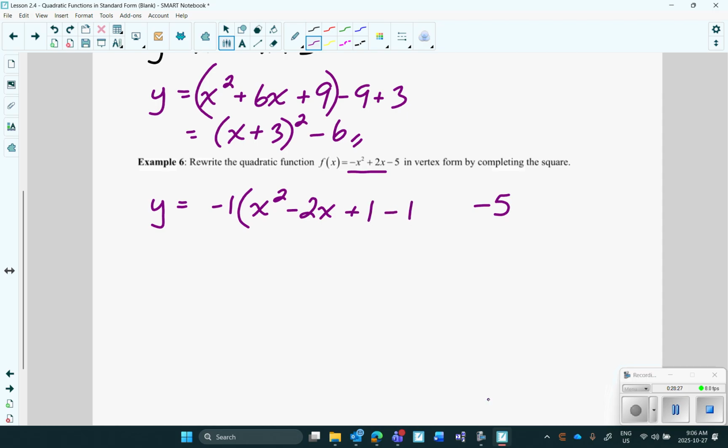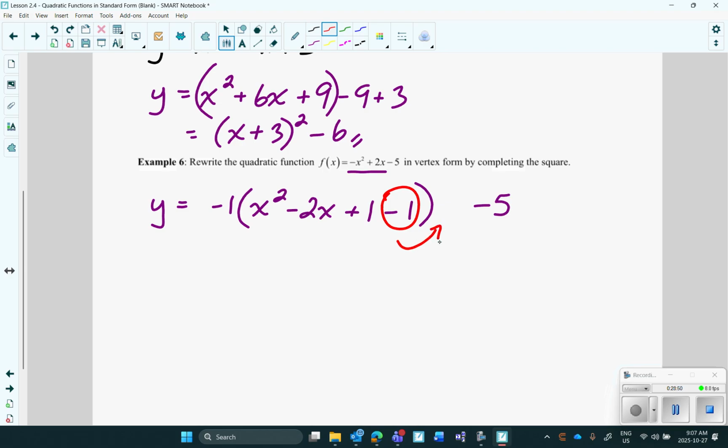Now, I can't close the parentheses here because I've factored out a -1, so I have to do it like that. Because to remove this, I can't factor all 4 of these. I've got to get this out of here. I want it over here.